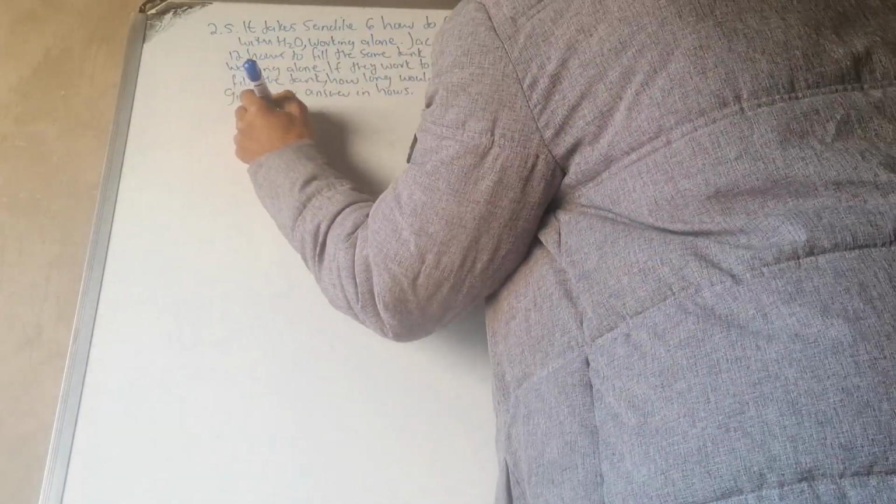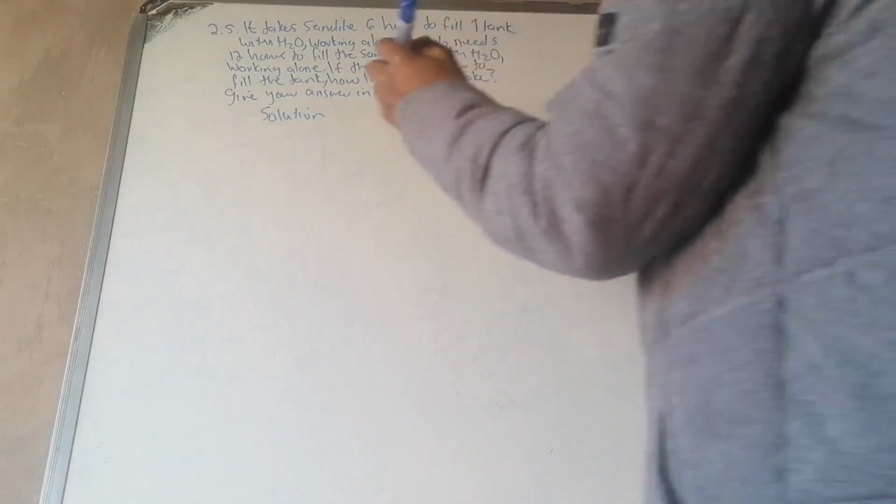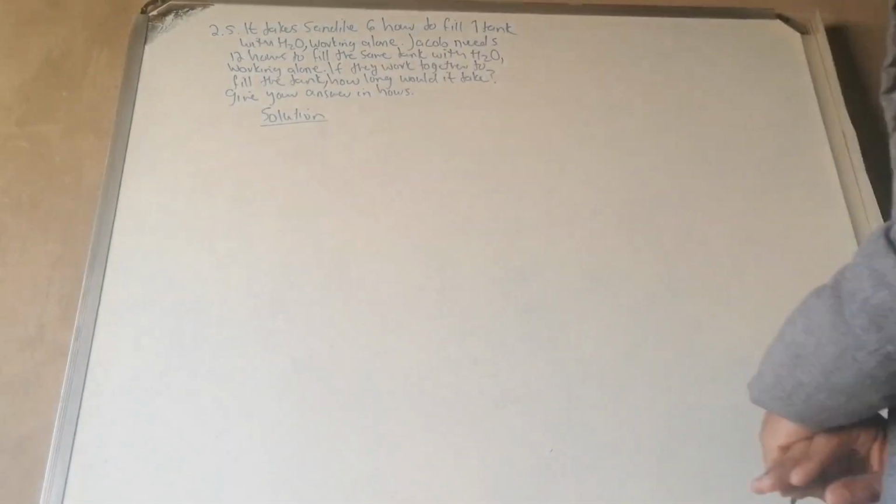Right. Let us try to look into that and take in some nuggets of information from the statement that is provided. Now, we are going to write the most important information that we need. It takes Sandile 6 hours to fill one tank with H2O.